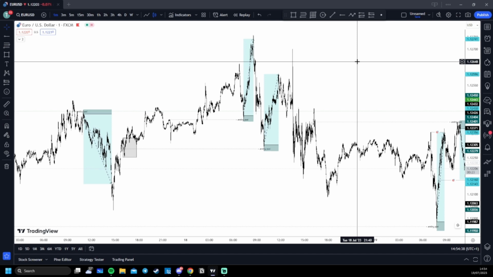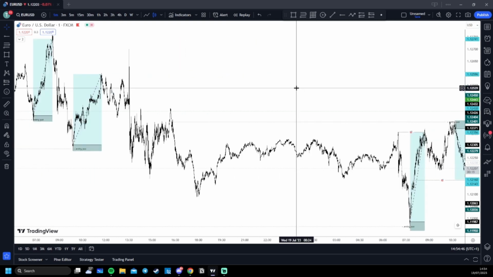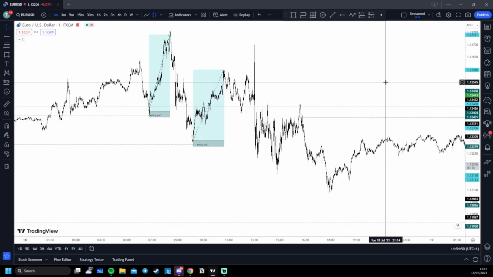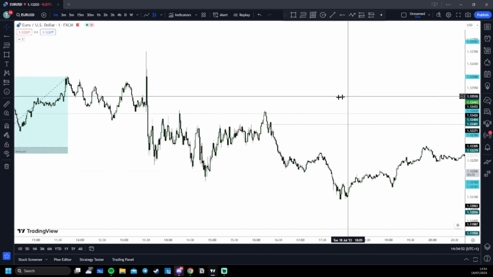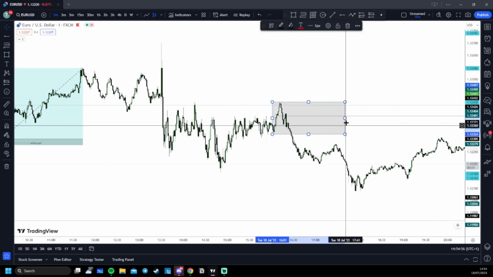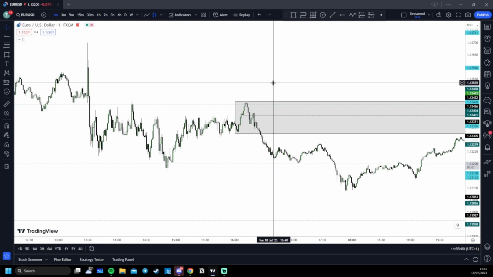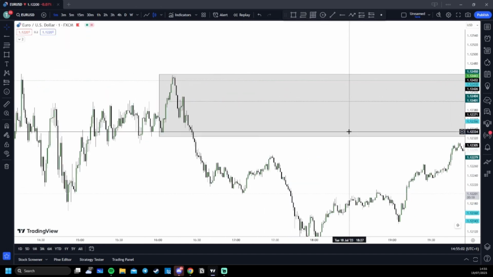Once you have your 15-minute or 5-minute point of interest, whatever you're trading off of, maybe 1 hour points of interest, you could go down to the 15-minute and do the same thing. Once you have your point of interest, which for me was this whole zone here, I'm waiting for the last up move that created the whole downwards move.